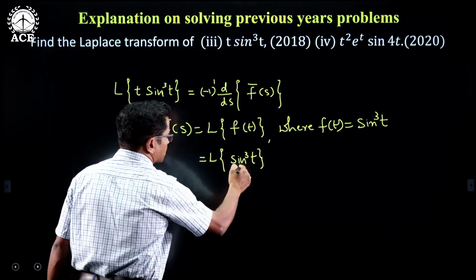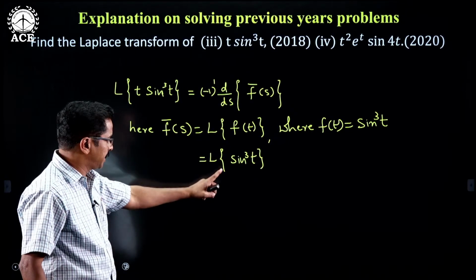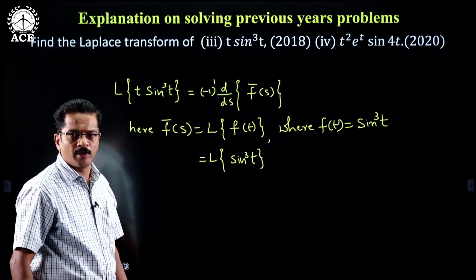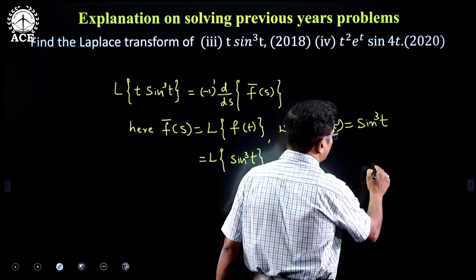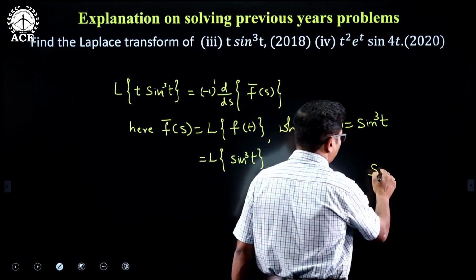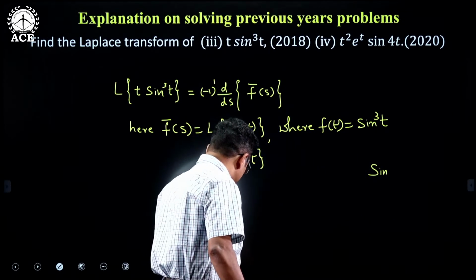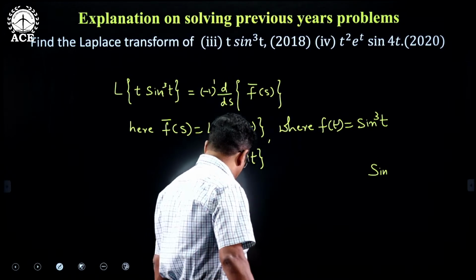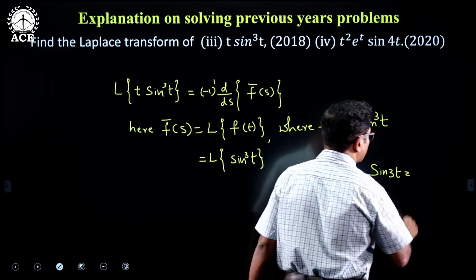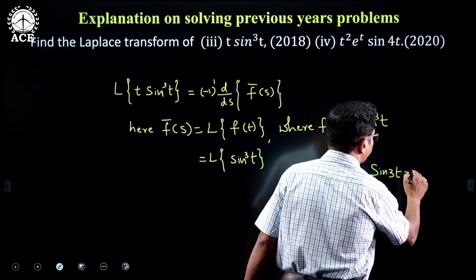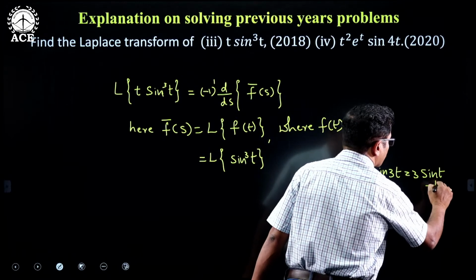This is not in elementary form; it is in higher power form. So I am converting sin cube t into multiple angle form, that is sin 3t equals 3 sin t minus 4 sin cube t.